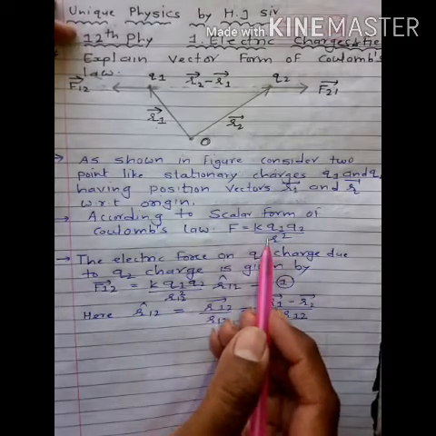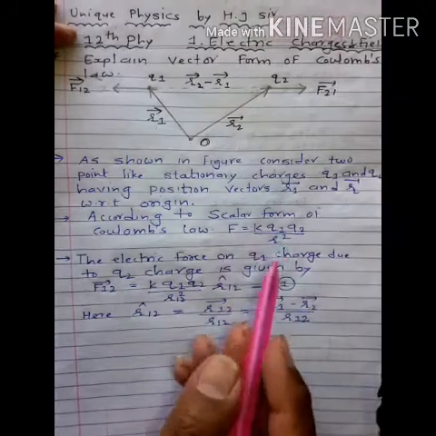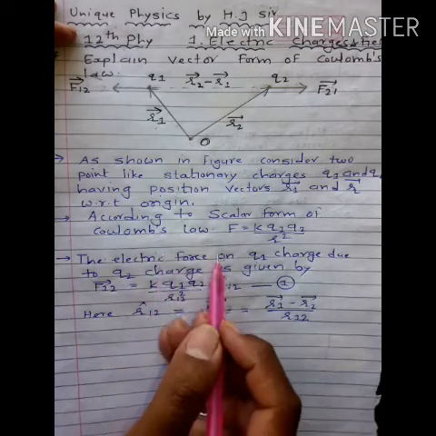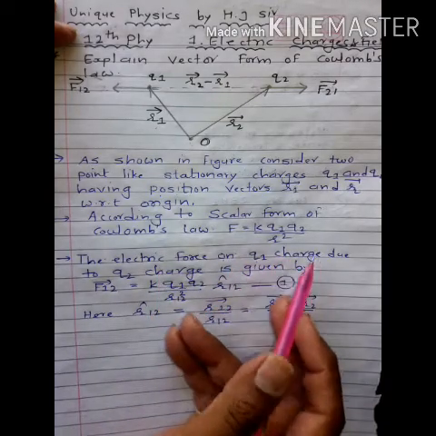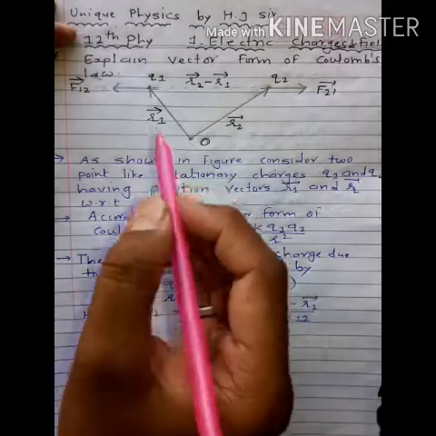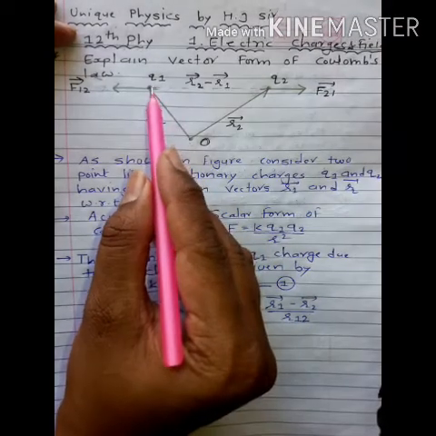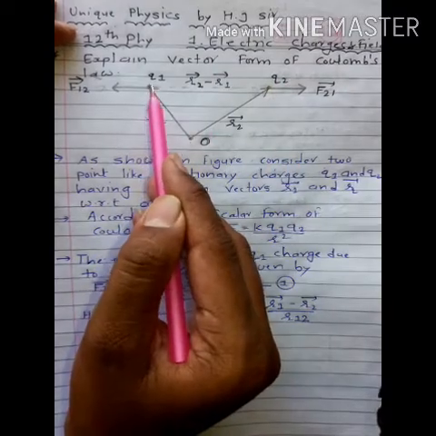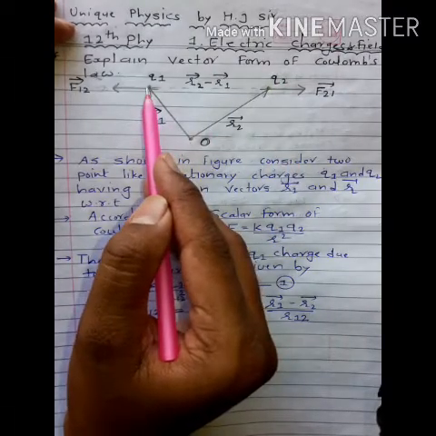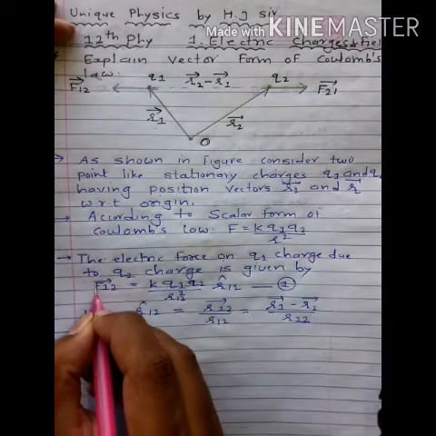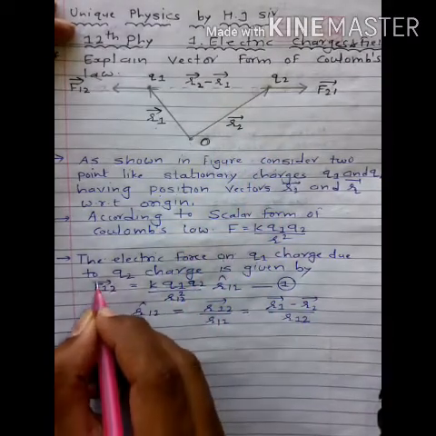Now here we have two situations. Number one, first situation: the electric force on q1 charge due to q2 charge. So first of all, we consider force on q1 by q2, given by vector F12.